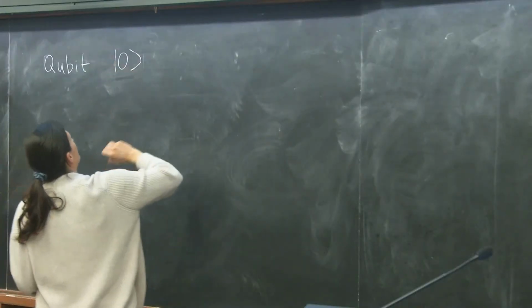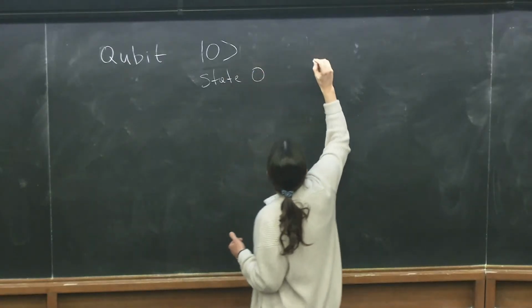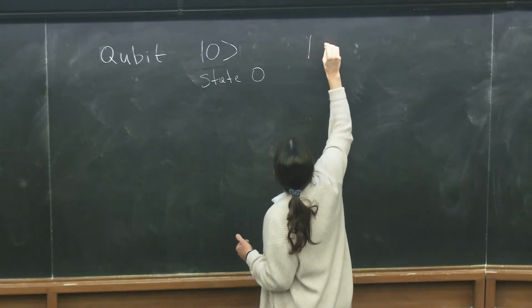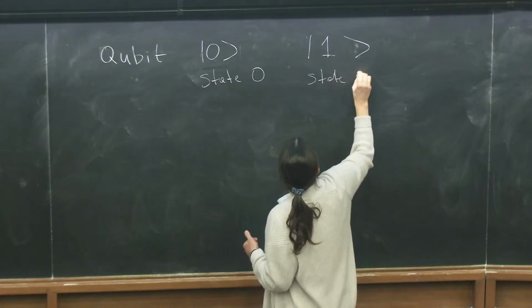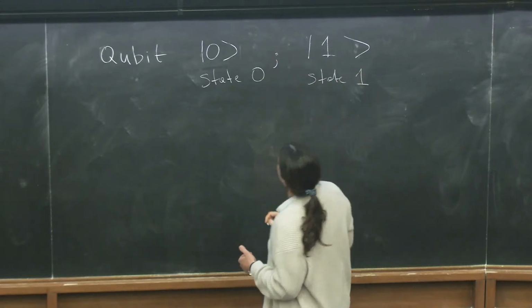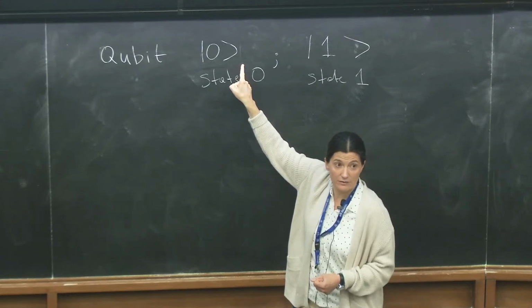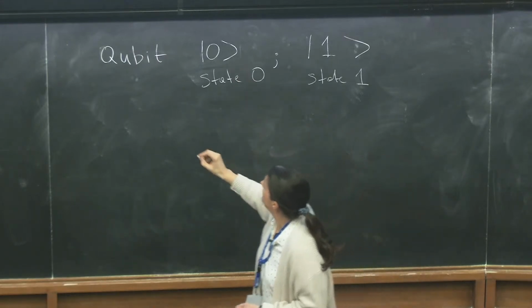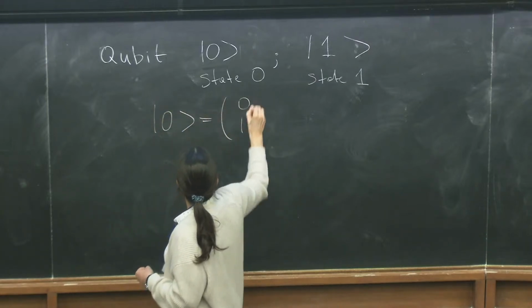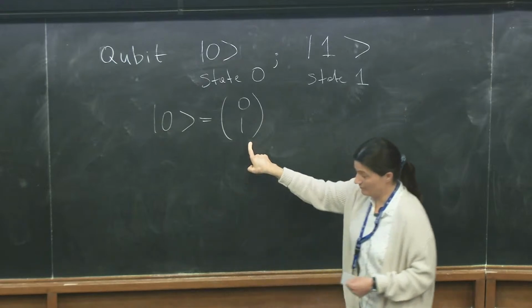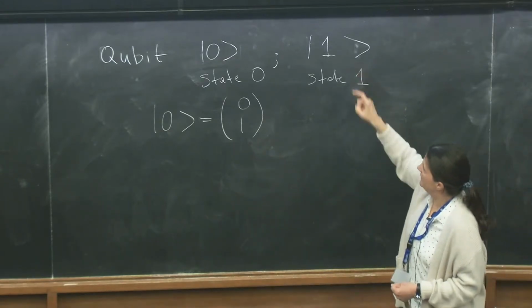So it can be in state 0, or then you also have your state 1. If you have seen this notation before, this is written in Dirac notation. Okay? So 0, as you've seen already, is in Dirac notation. This is a column vector. This is also called a ket.